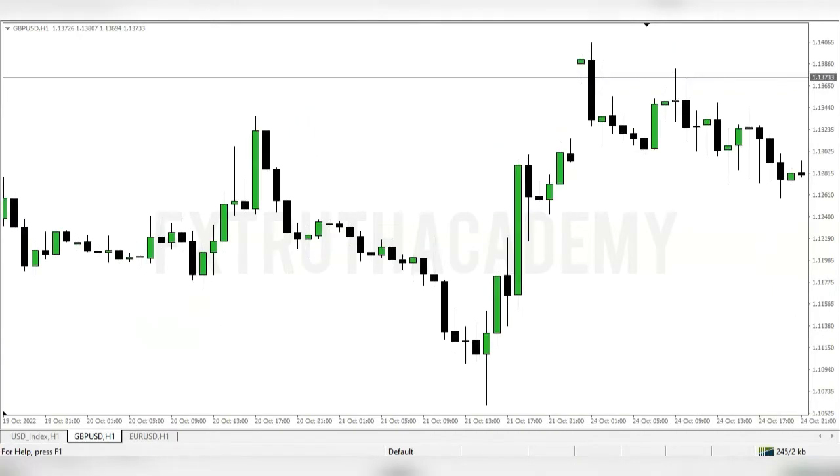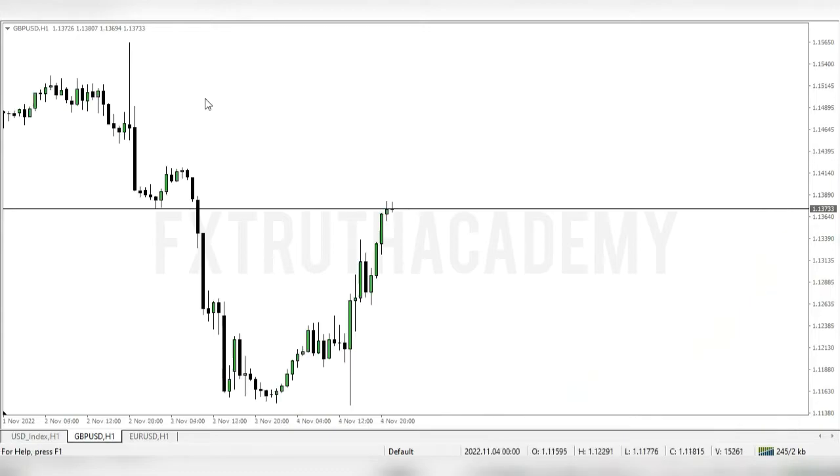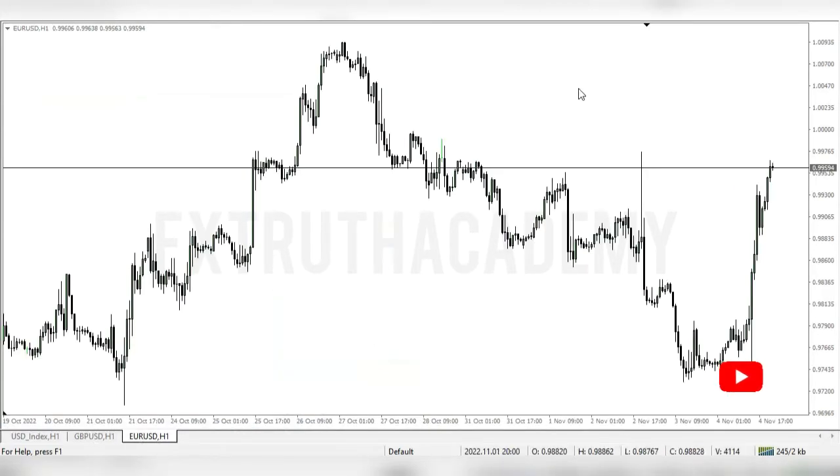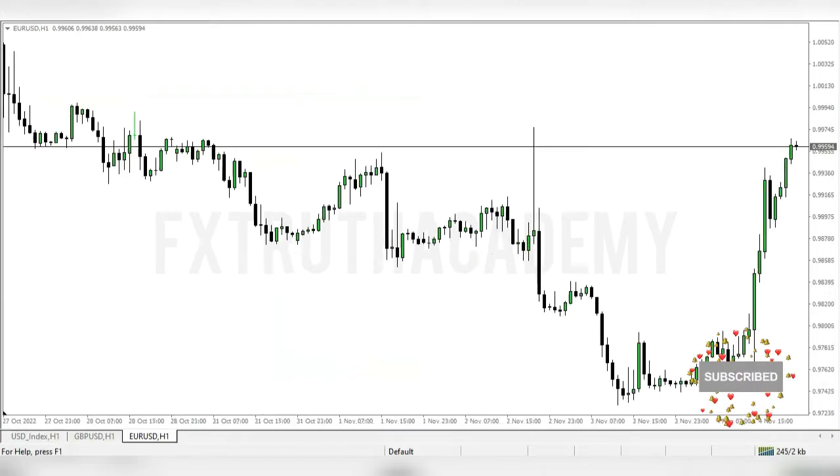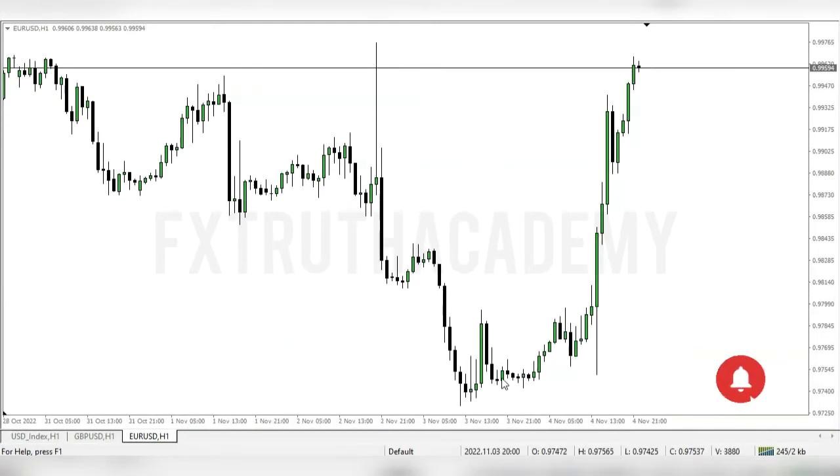Let me zoom that in so you get the perspective of what I'm talking about. So I was buying on this particular green candle right here, but price expanded, knocking me out. But my euro trade still held on. I was actually buying on this candle, but I had my stops here, so my euro trade still held on into Friday's trading.